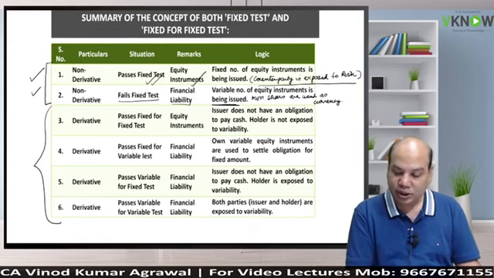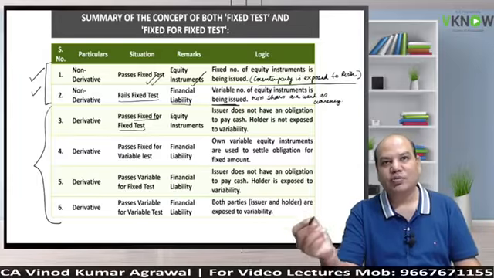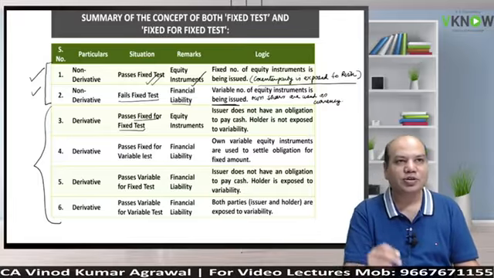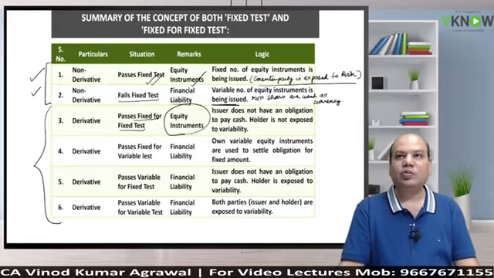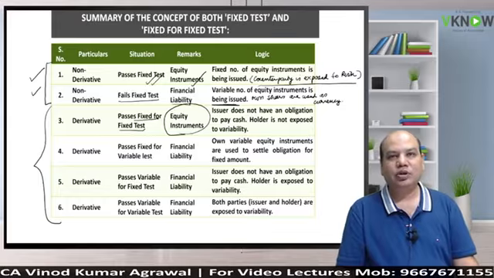A derivative passes the fixed for fixed test. Passing the fixed for fixed test means a fixed amount of cash against a fixed number of shares. Such contracts will be called equity instruments, because then the counterparty is exposed to the risk.